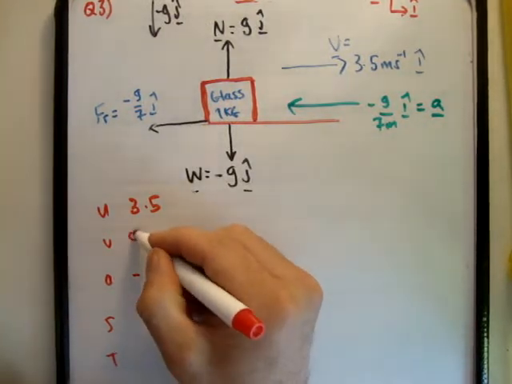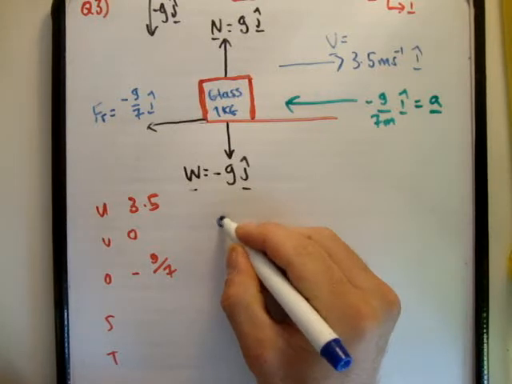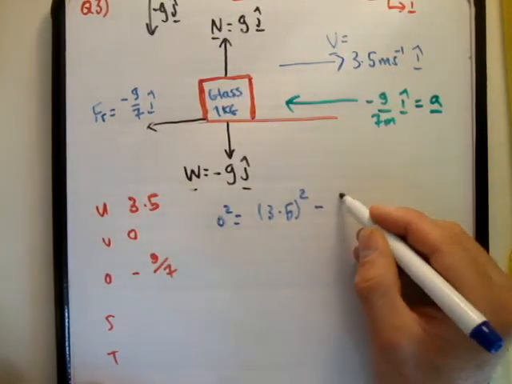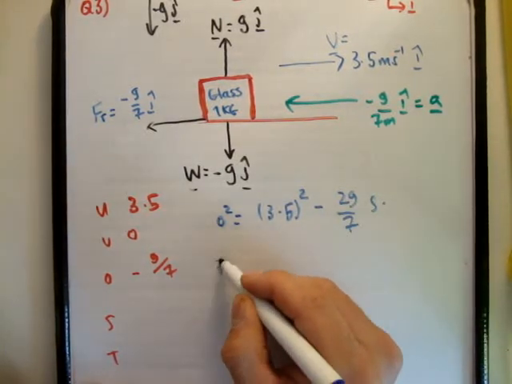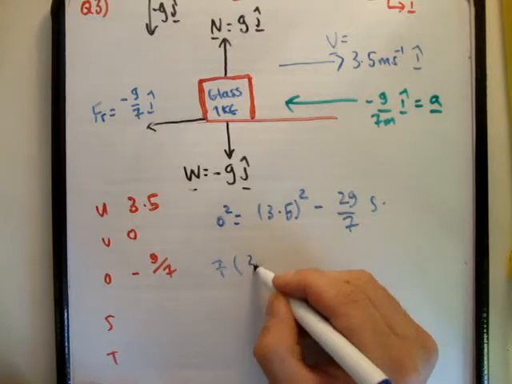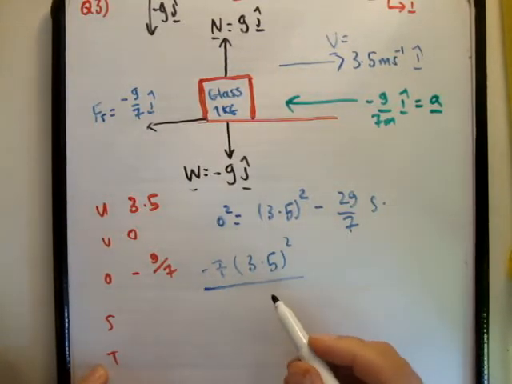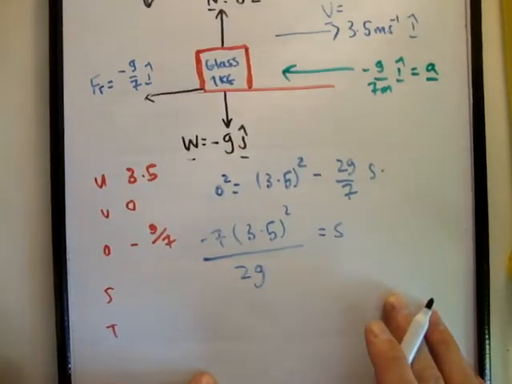It's coming to rest, so let's just use v squared is equal to u squared plus 2as. So we have 0 squared is equal to 3.5 squared minus 2g over 7 times s. So we have 7 times 3.5 squared, that's a negative, times 1 over 2g is equal to the s vector.